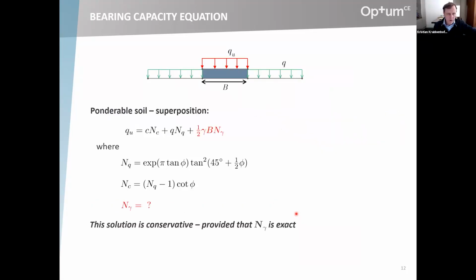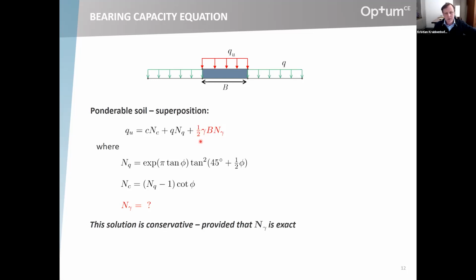Then, of course, most soils do have some unit weight, and one of the ideas that came up historically, which is quite a natural one, is that since for a weightless soil the bearing capacity can be expressed as the sum of these two terms here, why not try to include unit weight by basically adding on another term? The gamma B here, you can show by dimensional analysis, has to be like that.